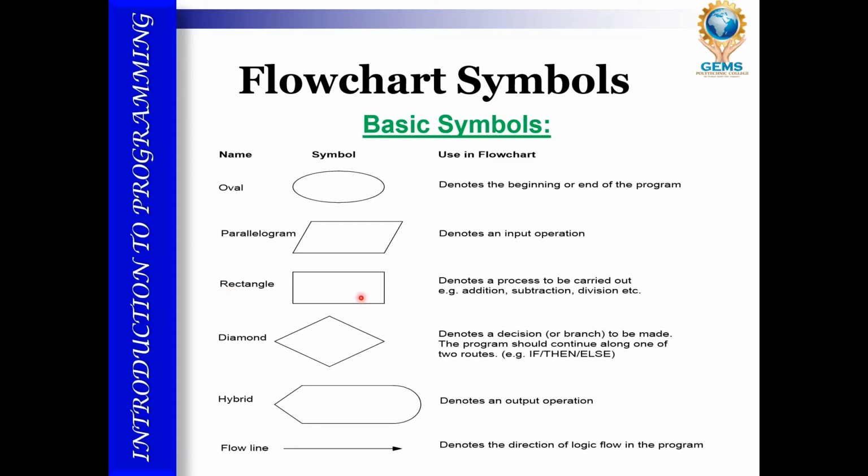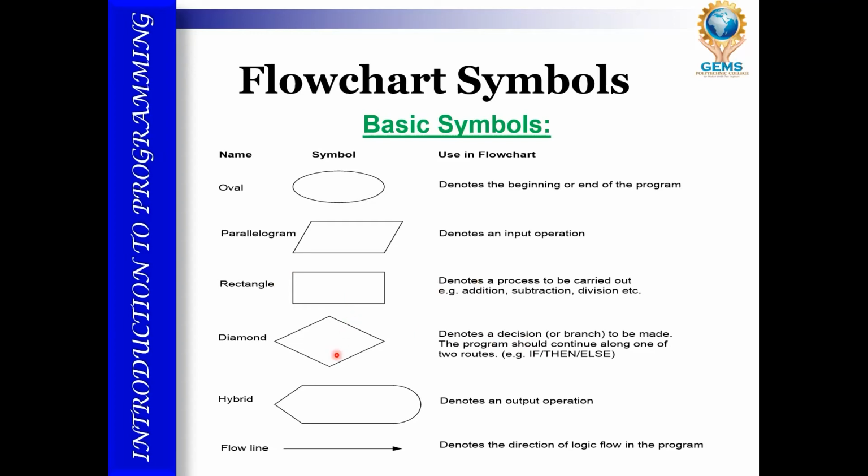This denotes a process to be carried out. That means this symbol is used to define the process. For example, M1, M2, M3, M4, all 4 values are going to be added. Addition, subtraction and division operations can all be performed by using this symbol.